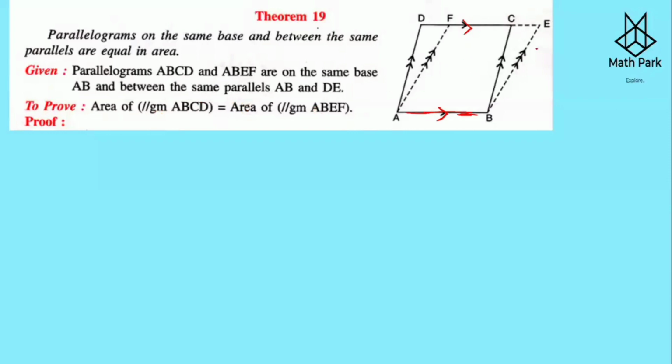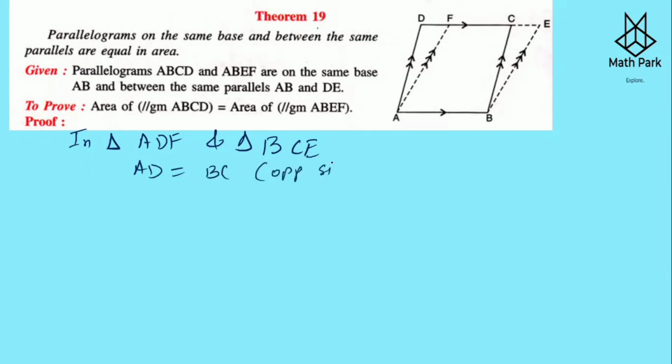So let's start with the proof of this. For proving this, we will be proving these two triangles congruent. In triangle ADF and triangle BCE, you have AD is equal to BC, opposite sides of a parallelogram.